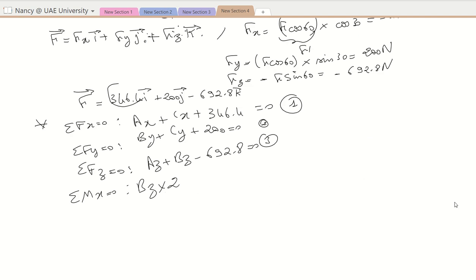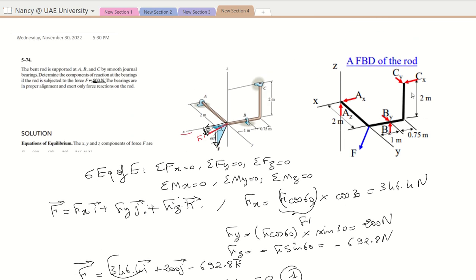Now let's see if By will have a moment. By is actually not on the x-axis, it's not touching the x-axis, and it's not parallel to x. So it will make moment, right? But what is the perpendicular distance between By and the x-axis? It is actually 0, because By is on the plane where the x-axis is.